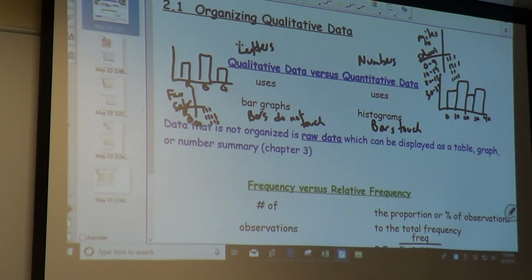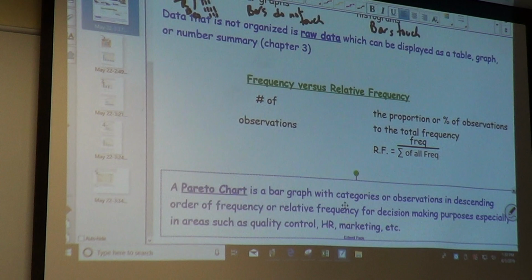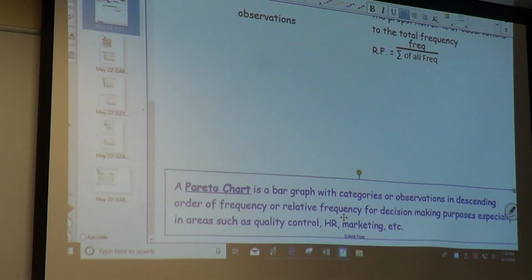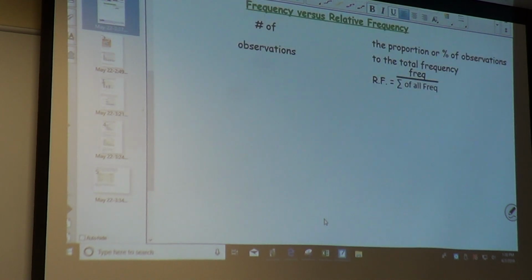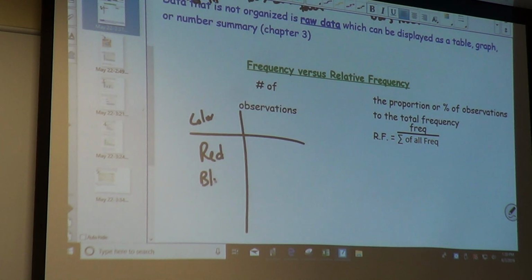So if I scroll down just a little bit, so if I say favorite color, and we do red, blue, green, and pink.